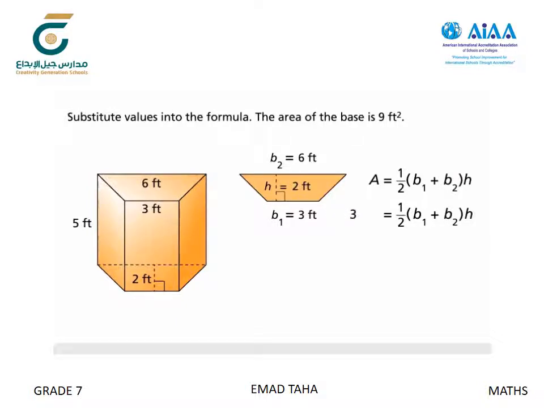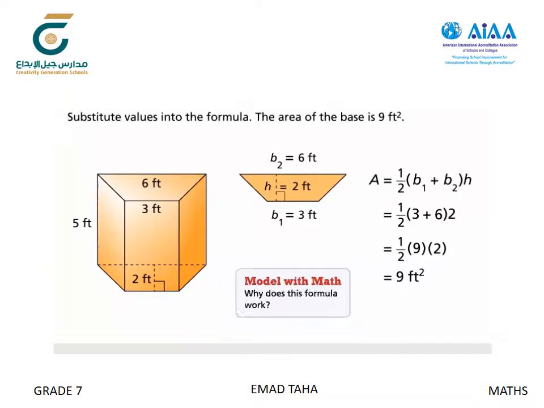The bases, B1 and B2, are 3 feet and 6 feet. The height, H, is 2 feet. Simplify the expression to find the area of the base is equal to 9 square feet.